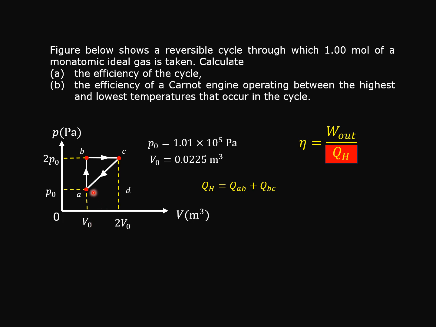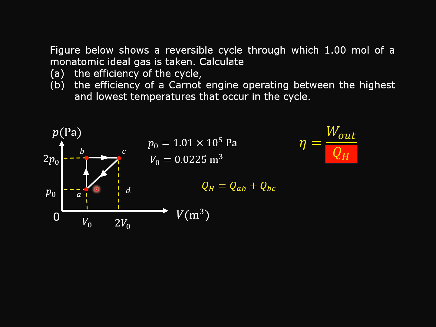So now we know that for this cyclic process, when the state changes from A to B, the gas absorbs heat. And when the gas changes state from B to C, it also absorbs heat. So QH is composed of two terms, QAB and QBC.